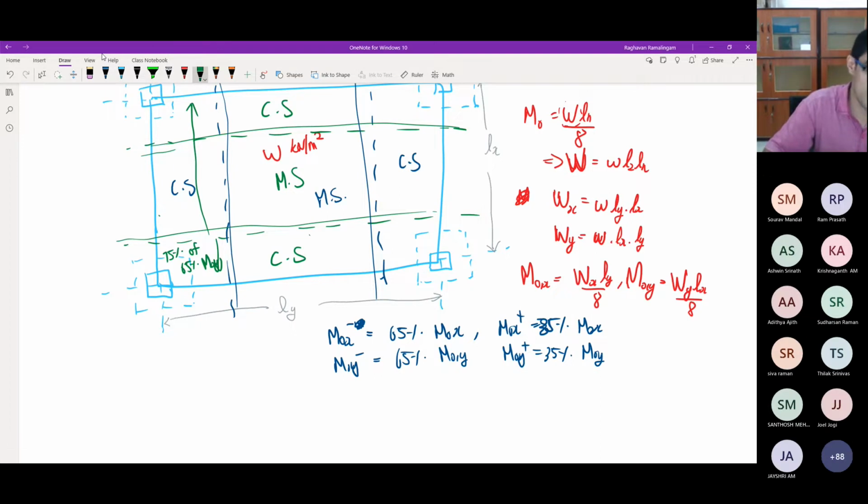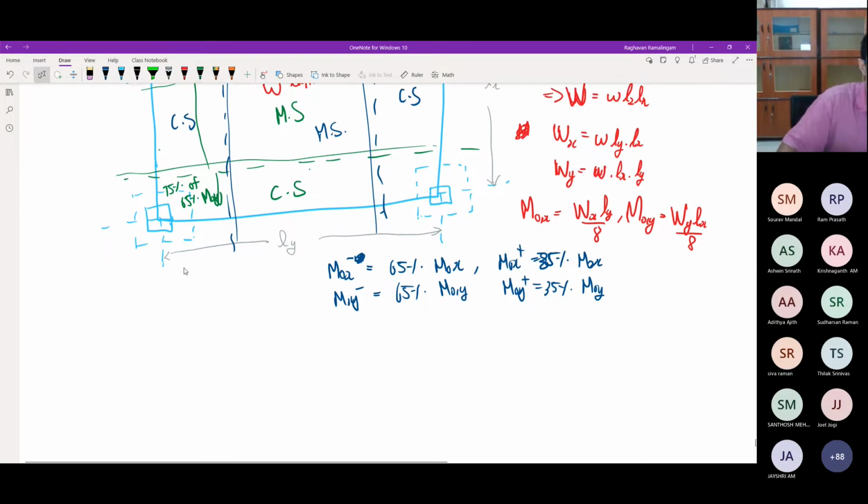This is the column middle strip. How do I say this to you? Better I draw it separately for different directions. Draw it quite small. This is enough. So this I'll draw only for the y direction moment. Column strip, middle strip.